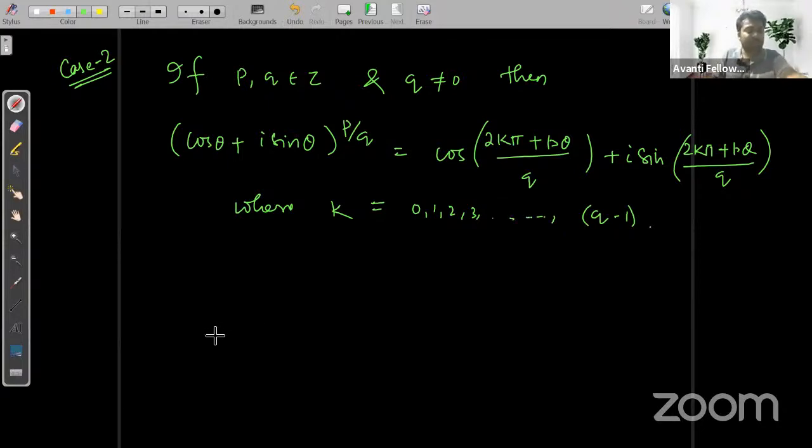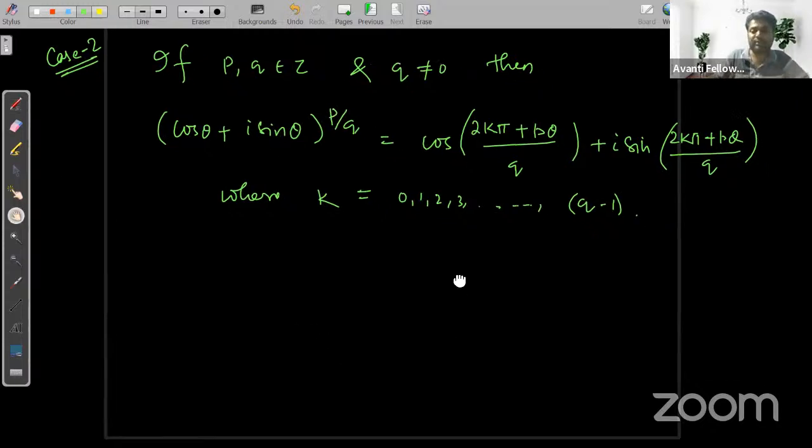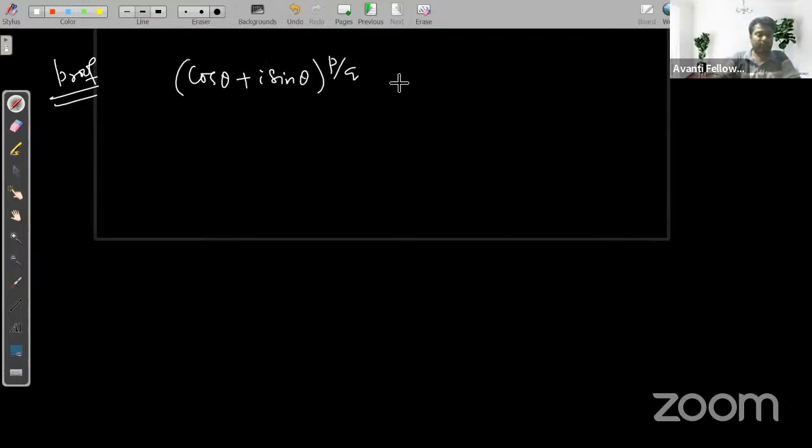Do you need the proof of this, guys? Okay, so we'll go through the proof first. So let's see what is the proof of this theorem. We have in the left hand side (cos θ + i sin θ)^(p/q).